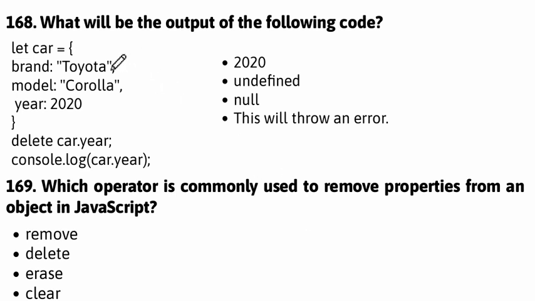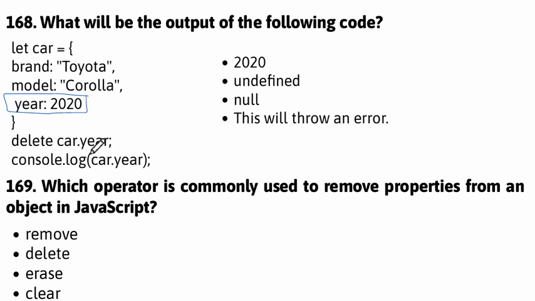What will be the output of the following code? You can see I have given an object with three properties, brand, model and year, with the given strings and number. Here, if I delete the year property inside the car, and after removing this part, I check inside console.log car.year.